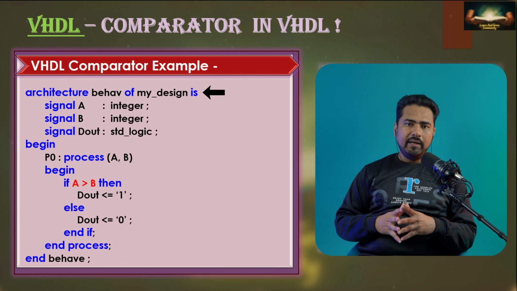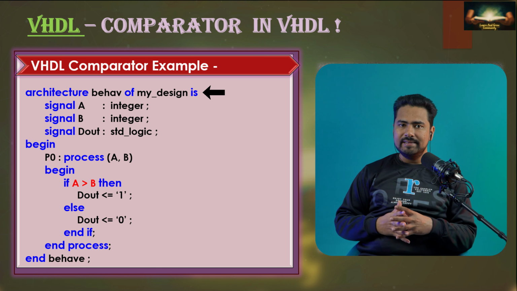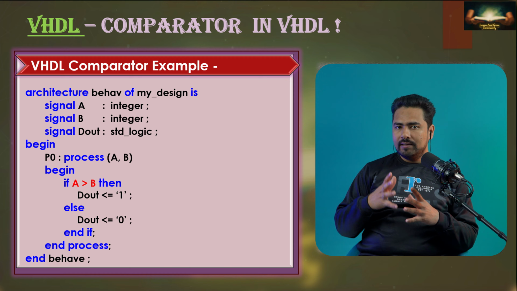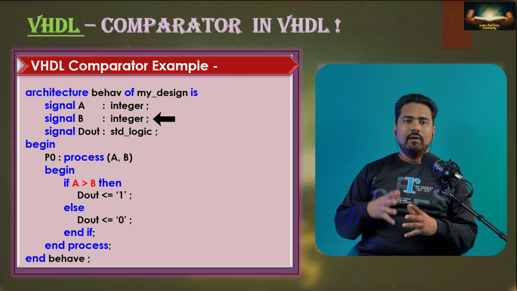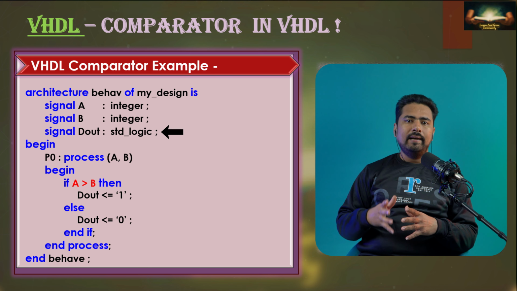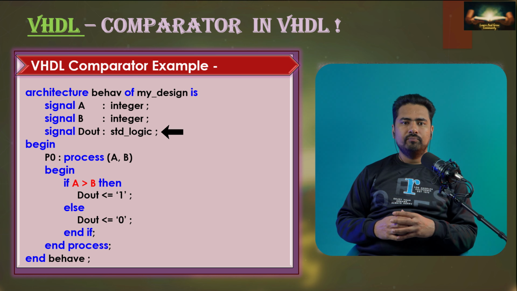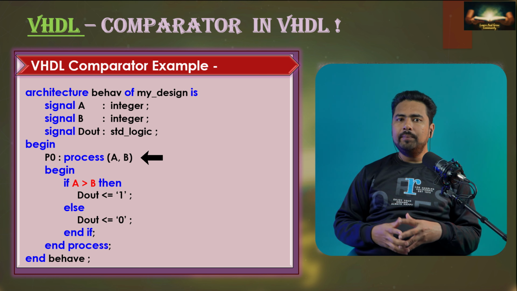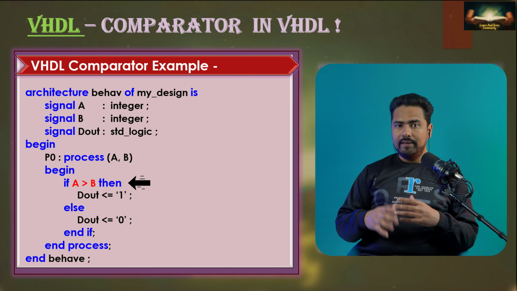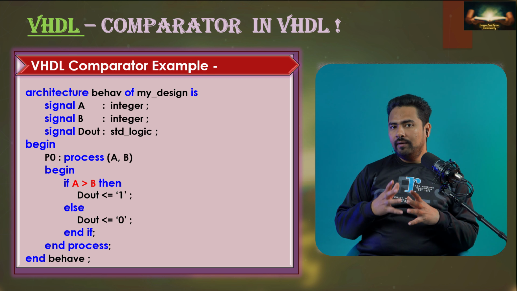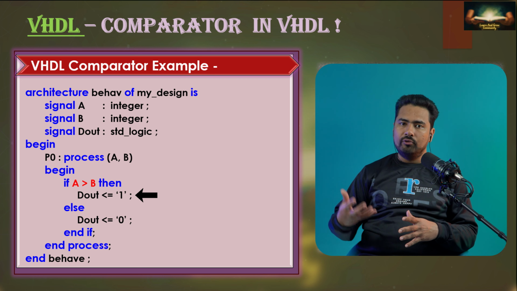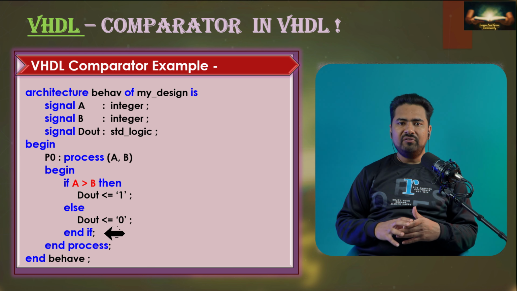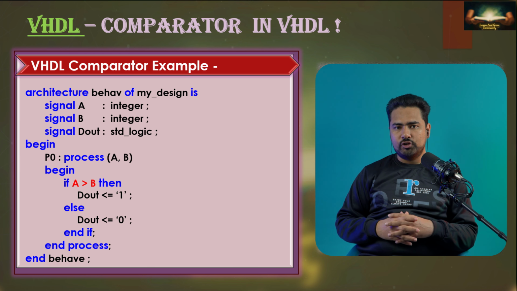Architecture behave of my design is signal A colon integer semicolon, signal B colon integer, signal D out colon std logic semicolon. Begin P0 process A comma B begin. If A is greater than B, then D out gets the value of 1, else D out gets the value of 0. End if, end process and end architecture.